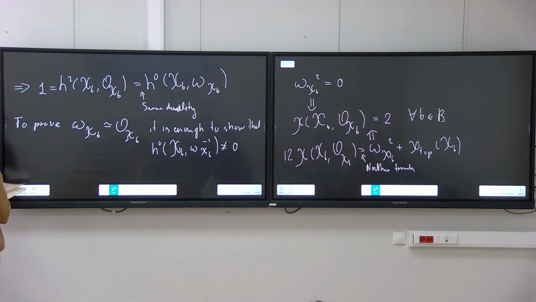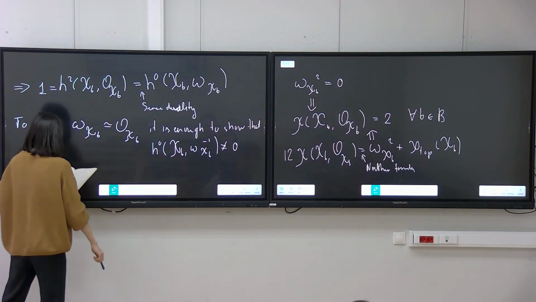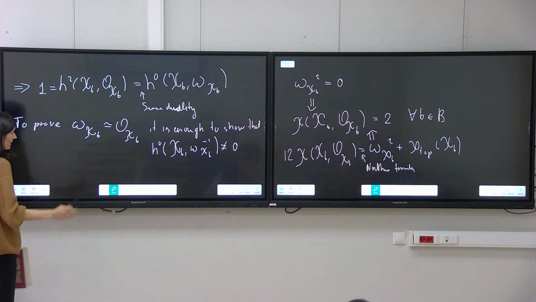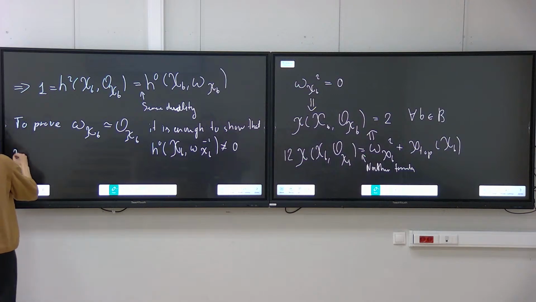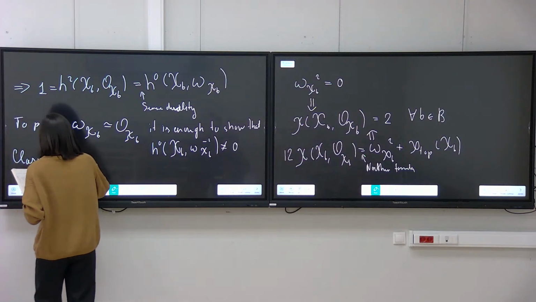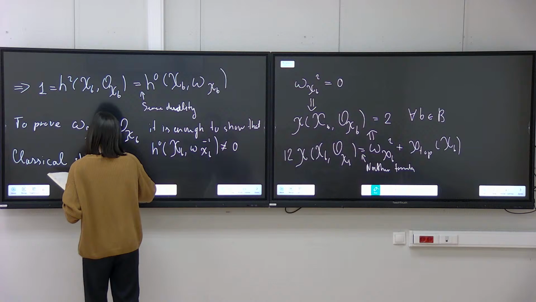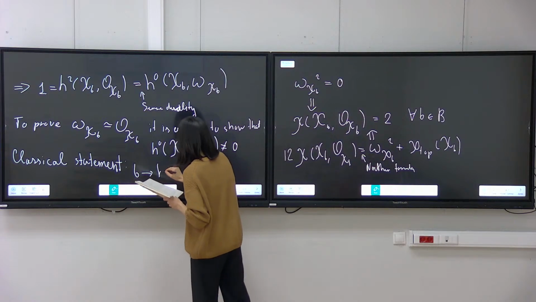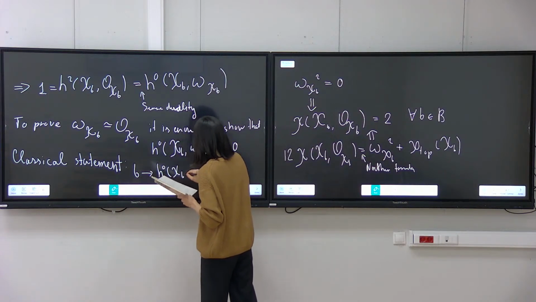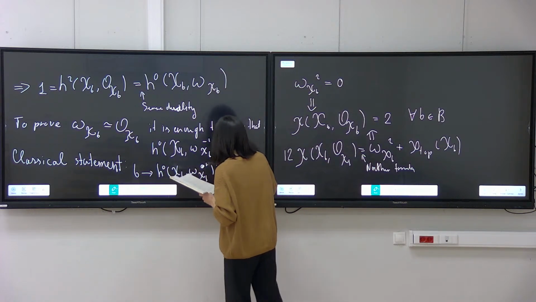And we have already discussed this. This will follow from upper semi-continuity. So let me recall a classical statement. The following function is upper semi-continuous.